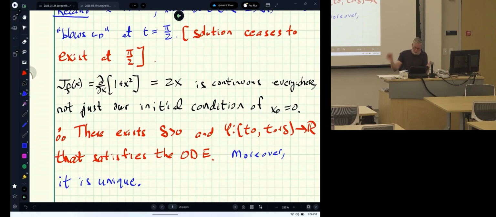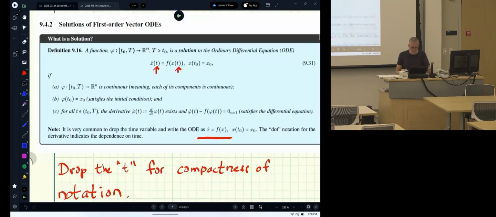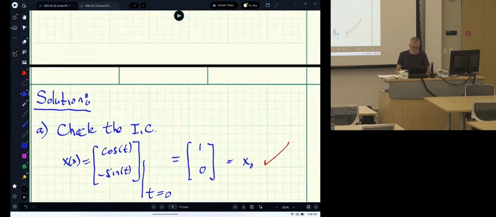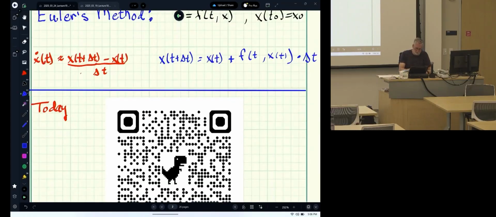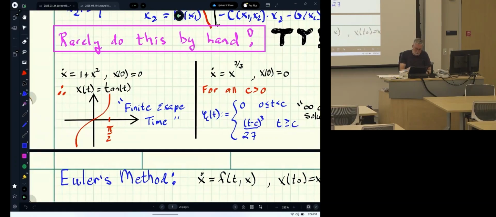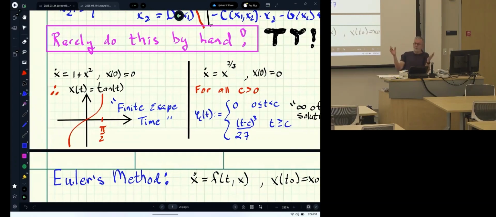Now, how big is delta? We don't know, okay? Because back here, we have the solution in closed form. We got lucky, the method of separation of variables gave us the solution in closed form.